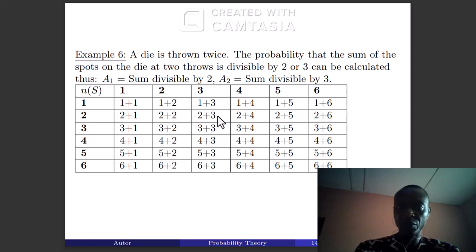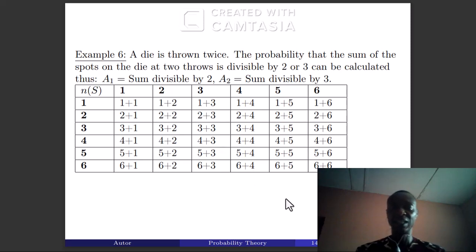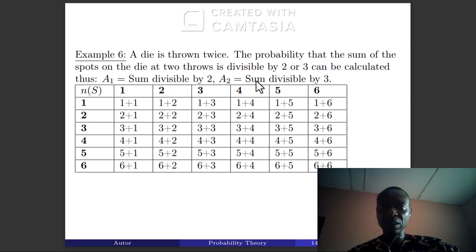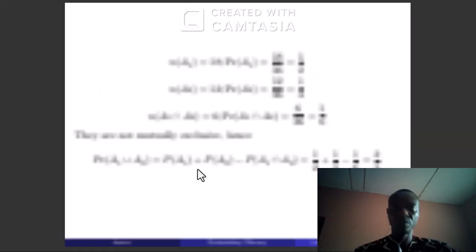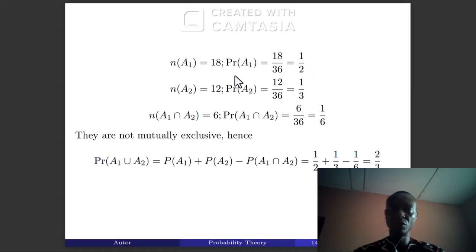You count like that and get the total number. Divisible by 2 is A1. Divisible by 3 is A2. So you count them. Divisible by 2 is 18. Divisible by 3 is 12.